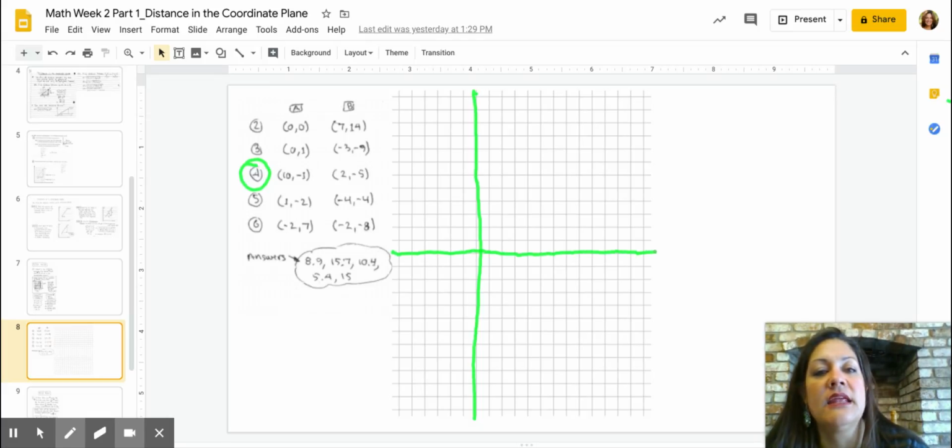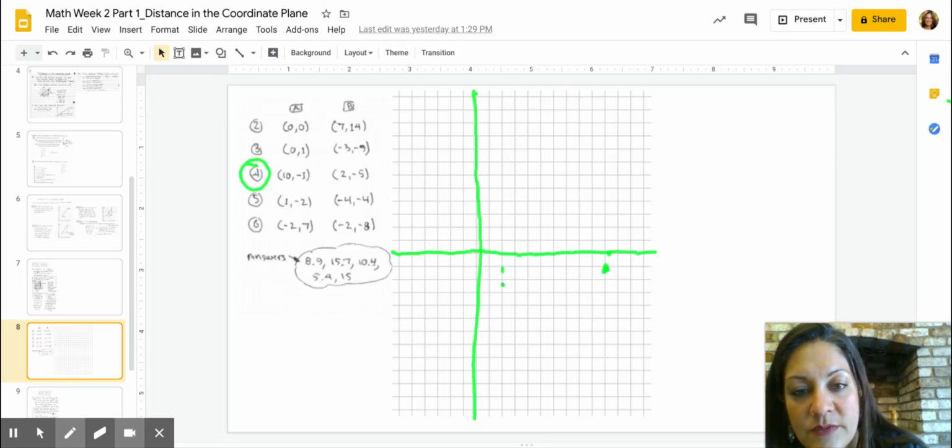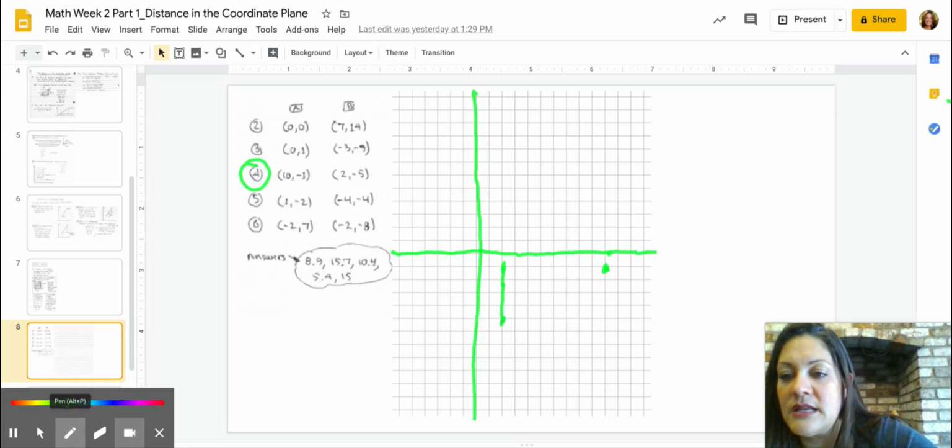Okay, so 10, -1. 1, 2, 3, 4, 5, 6, 7, 8, 9, 10, and -1. Okay, second one is 2, -5. 1, 2, 3, 4, 5. Okay. Oh, I wanted to do that in blue.